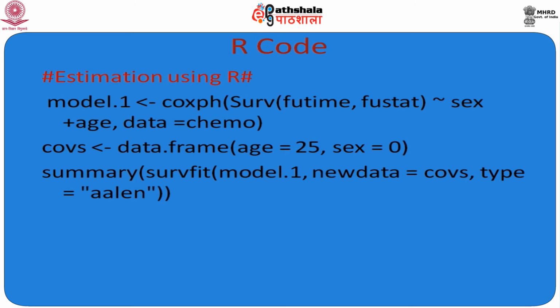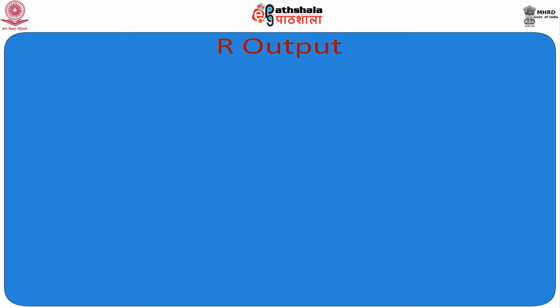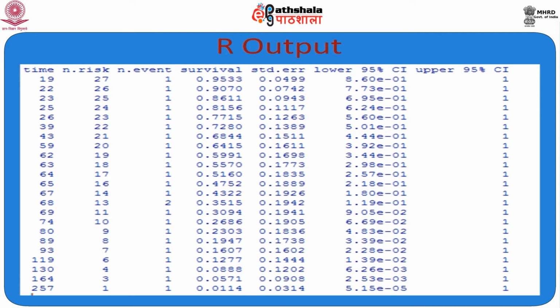That estimate will give us, for patients with age 25 in the female category, the estimated survival over the period. When they are at time 19 days, what will be their estimated survival?